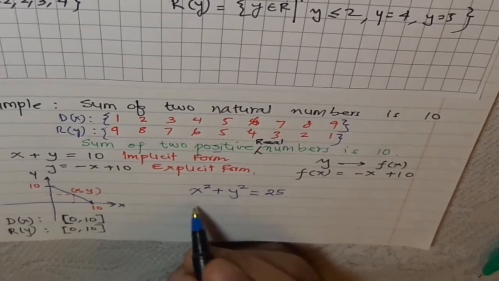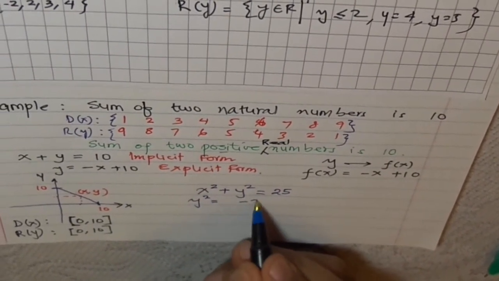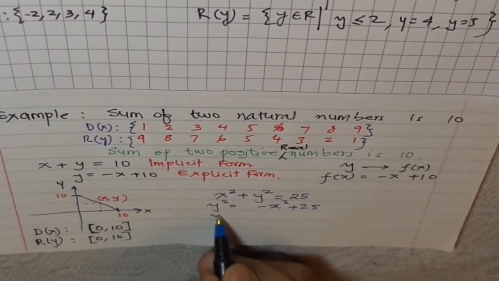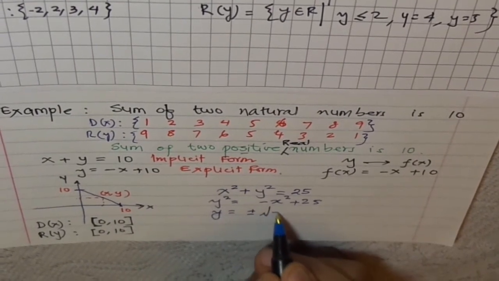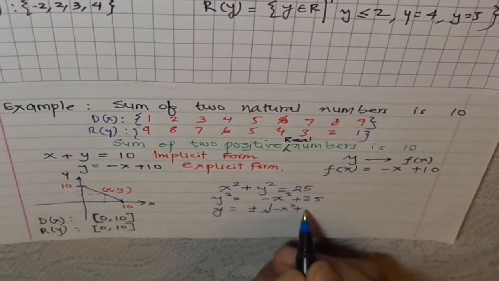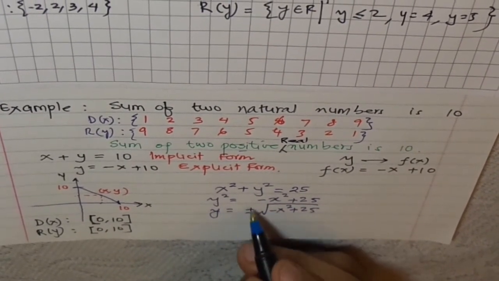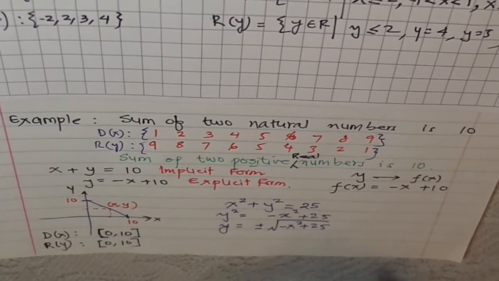In that case, it becomes y square equals minus x square plus 25, and y equals plus and minus square root of minus x square plus 25.